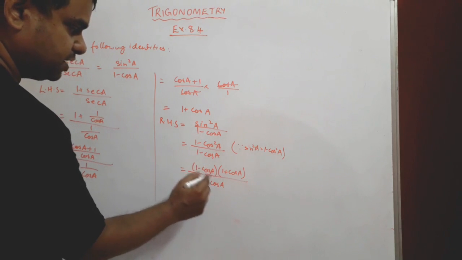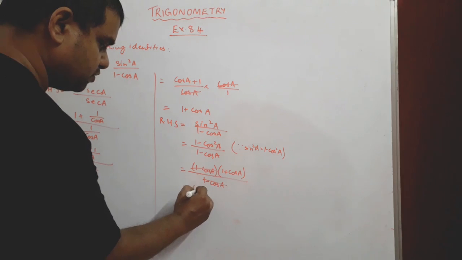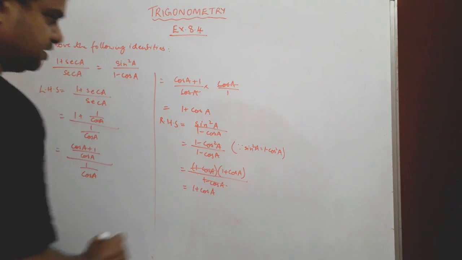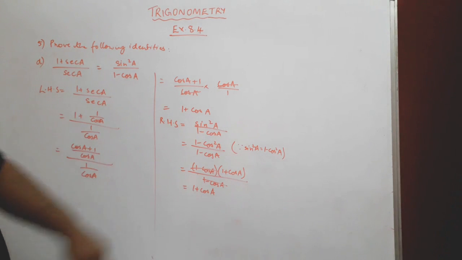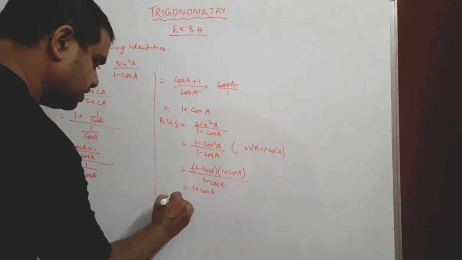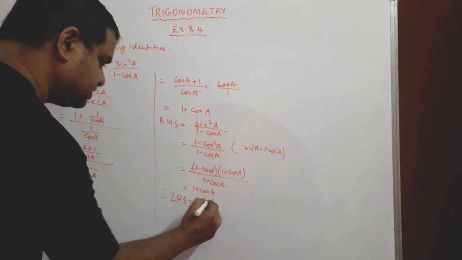So in the numerator and denominator, we've got 1 minus cos a, we cancel both of them, we are left with 1 plus cos a. Now if you have a look, left hand side we got 1 plus cos a, right hand side also we got 1 plus cos a. Therefore left hand side is equal to right hand side.